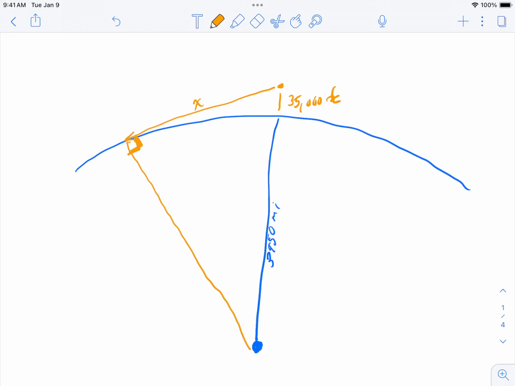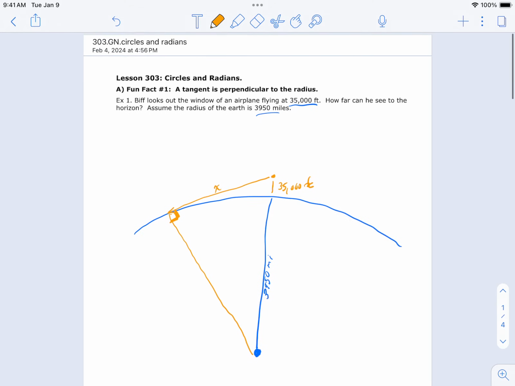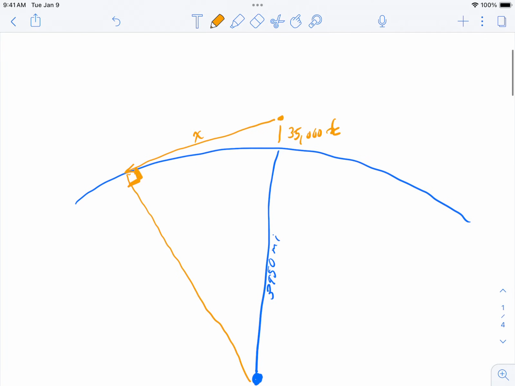It's always nice to find a 90-degree angle because then you say, hey, SOHCAHTOA and stuff. We're almost there, folks. So the radius of the earth, we labeled it here, is 3950 miles. Well, guess what? That's the radius of the earth too, so that's 3950 miles. So let me label that. 3950 miles here.